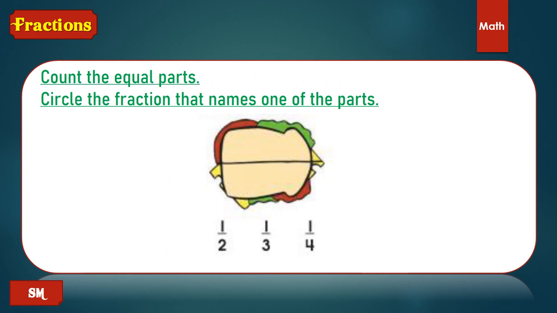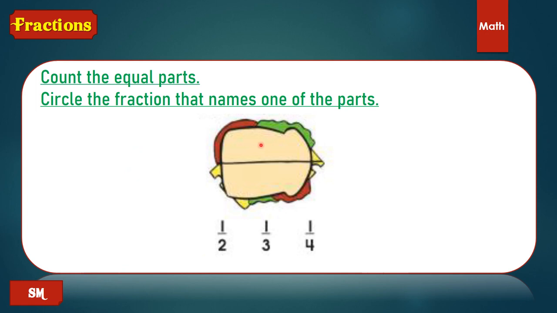Now at the last page in your sheet, he says here, count the equal parts. So the first step is to count the equal parts. Then circle the fraction that names one of the parts. So I will count all the equal parts and I will take just one from them. So it will be 1 over all the parts.